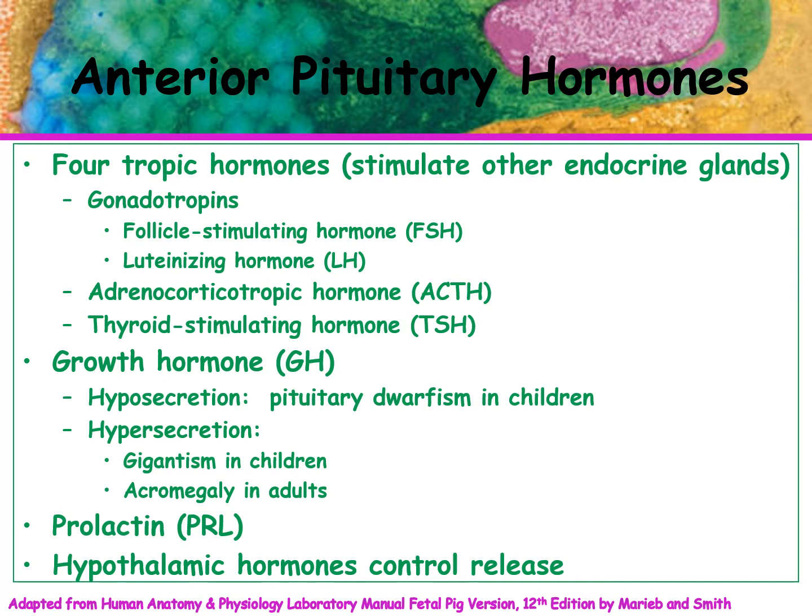In addition to the 4 tropic hormones, the anterior pituitary also produces and secretes growth hormone and prolactin. We'll talk about how each pituitary hormone acts on its target tissue.